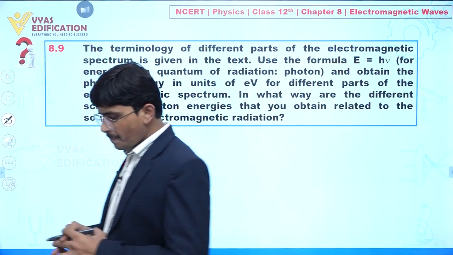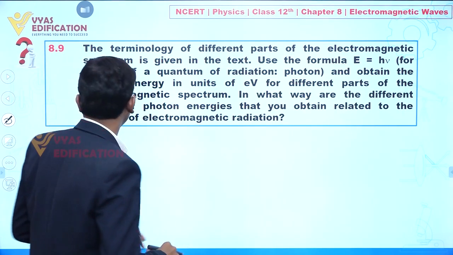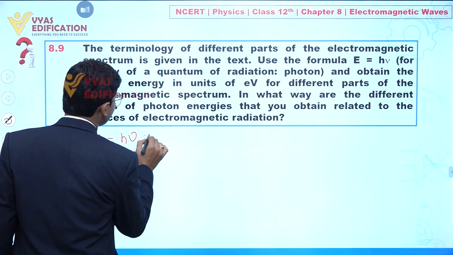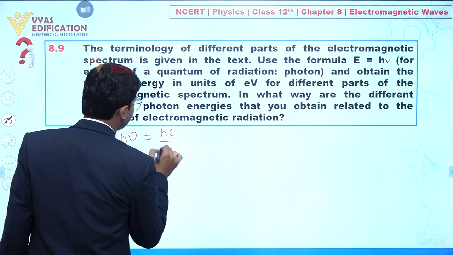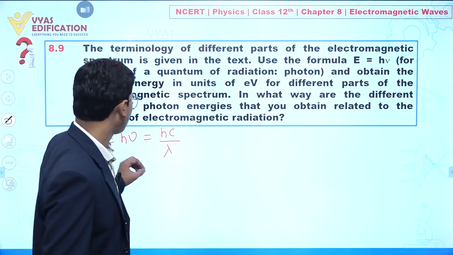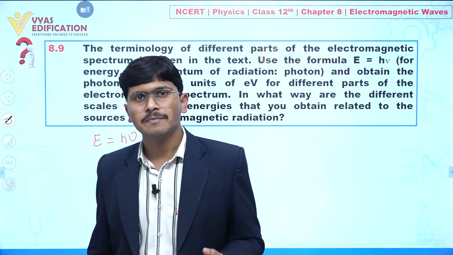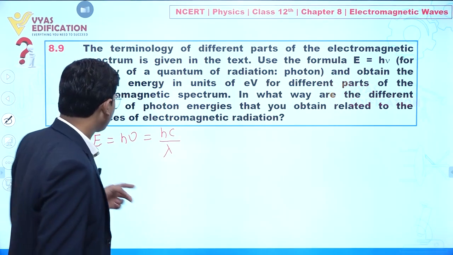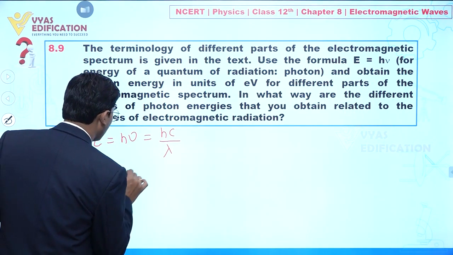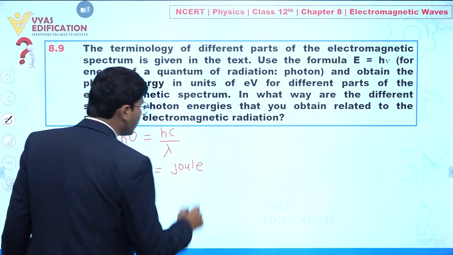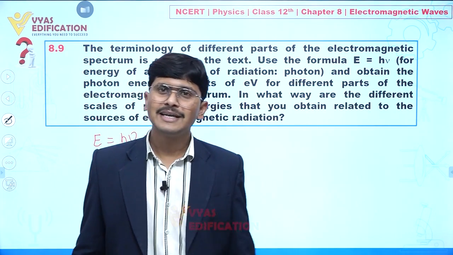Now listen carefully. Actually our objective in this question is to calculate E equal to h nu. It is given by hc by lambda. This is the formula. Now we know for different electromagnetic spectrum we have different frequency. So from here we can calculate the value of h nu, and here you will find the answer in joule. But you can also calculate in electron volt.